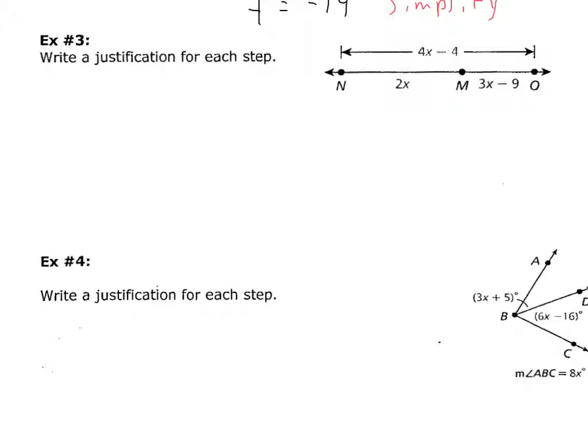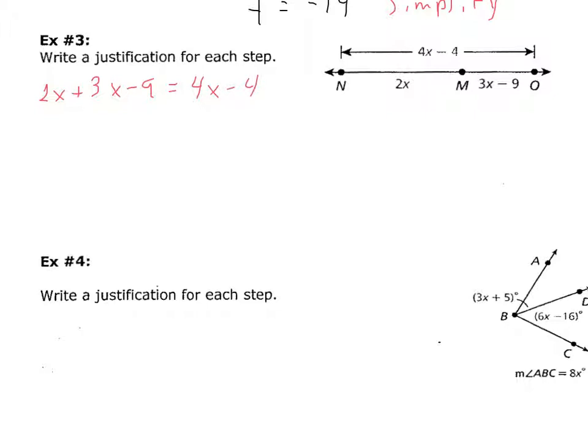So if we wanted to write an equation to solve this, we of course could write 2x plus 3x minus 9 equals 4x minus 4.